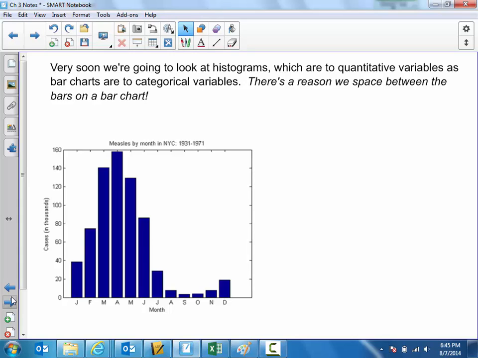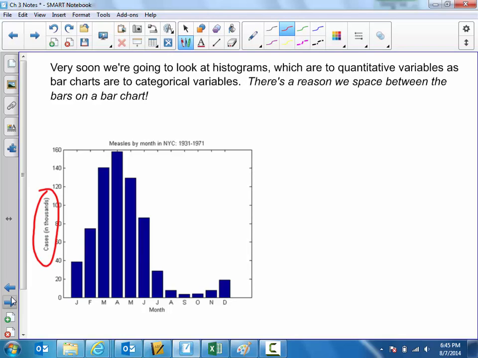So what are we looking at here? Measles by month in New York City from 31 to 71, and we've got the months listed below. We would not say that this is a relative frequency bar chart, because the cases are what are represented on the vertical axis, not the percentage of all cases.